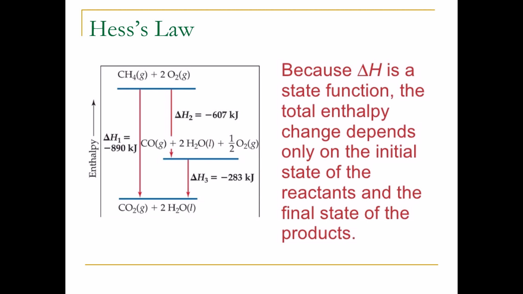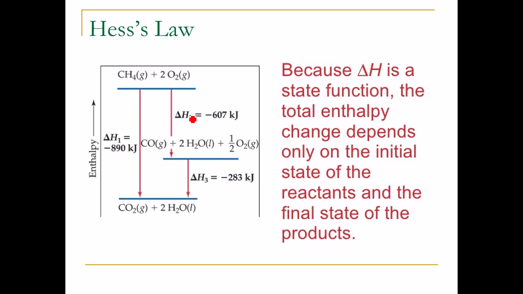Here's another example using the same kind of idea but broken down a little differently. If we're starting with methane plus O2 in a combustion reaction to create CO2 and H2O, and we're looking for the delta H for this direct pathway for the combustion reaction, we could break it down into two steps.